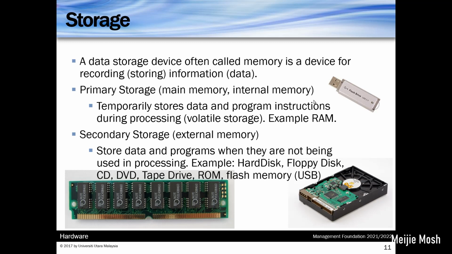Examples of secondary storage are hard disk, floppy disk, compact disk, digital versatile disk or digital video disk, tape drive, ROM or read-only memory, and flash memory or USB flash drive.